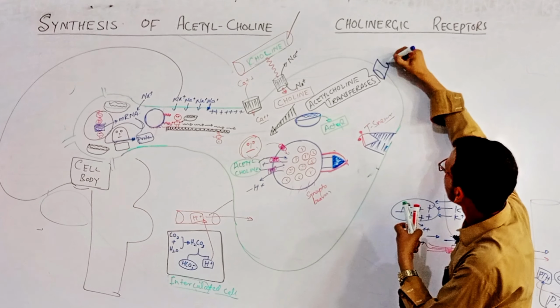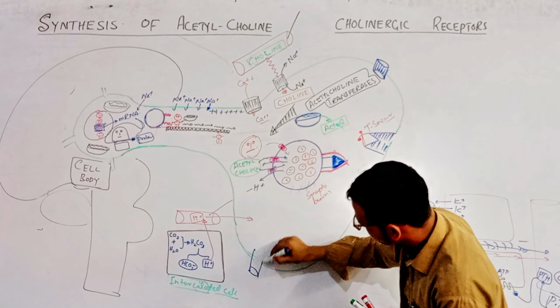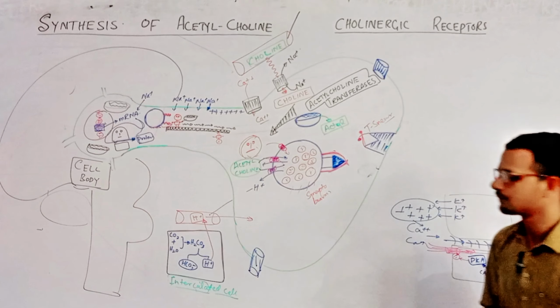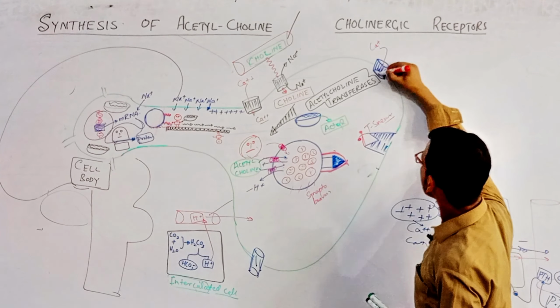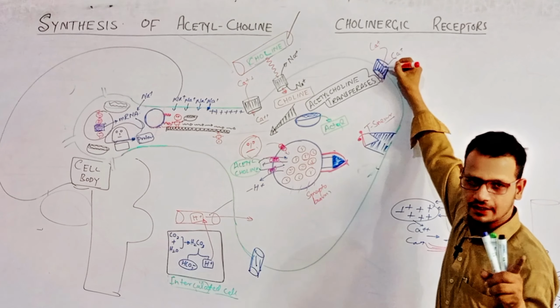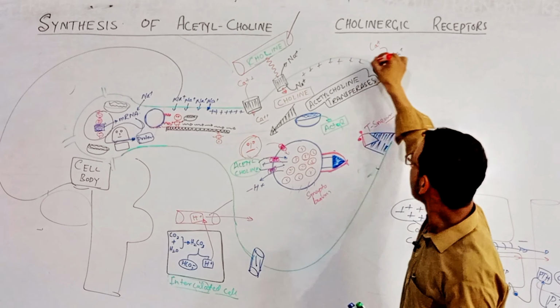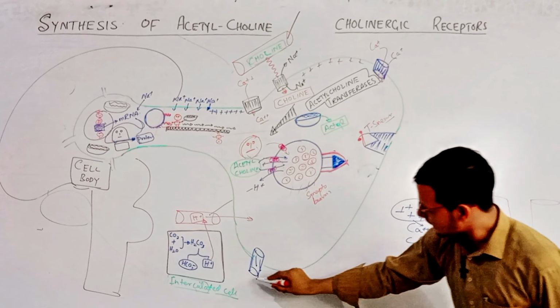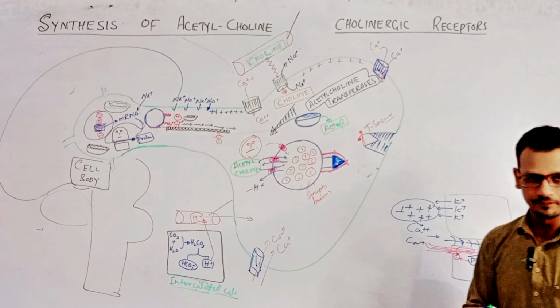For example, this is a calcium channel and these are calcium channels, right? From outside it will take calcium. These are voltage gated calcium channels. So this voltage is enough for activating these channels. And for example, from here also calcium goes inside.